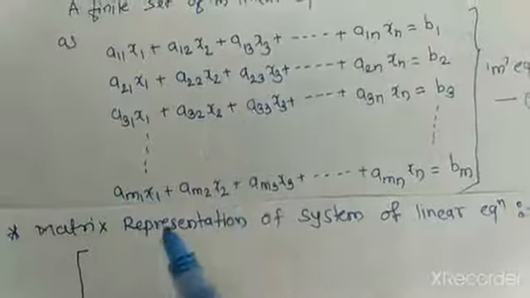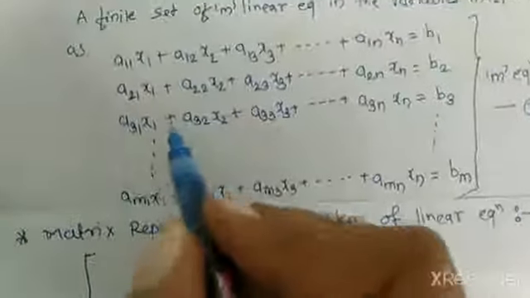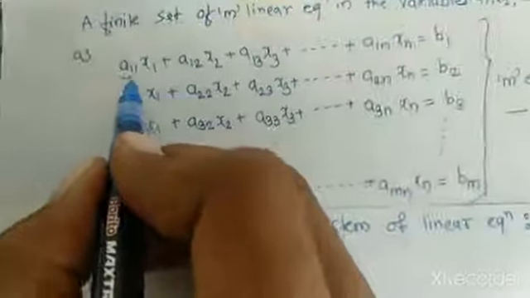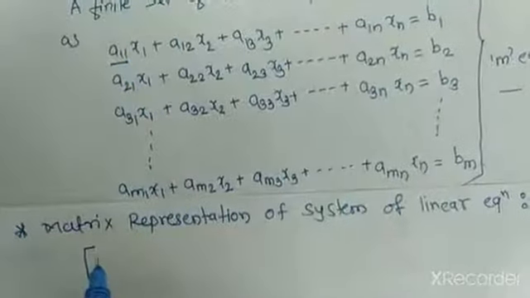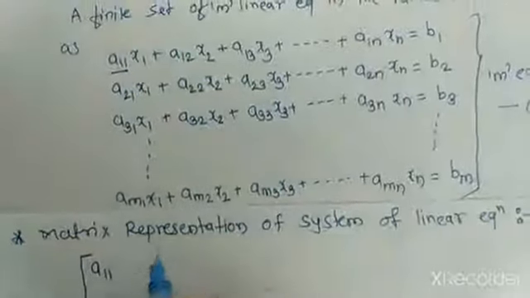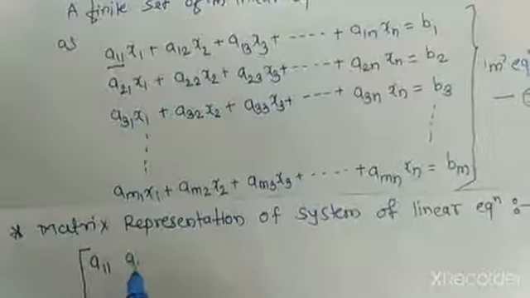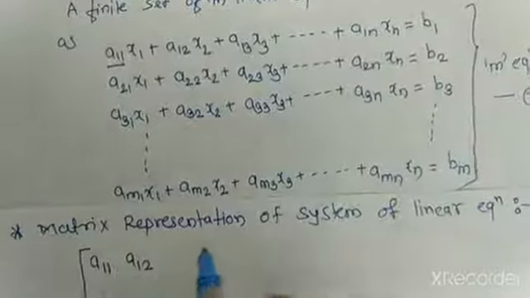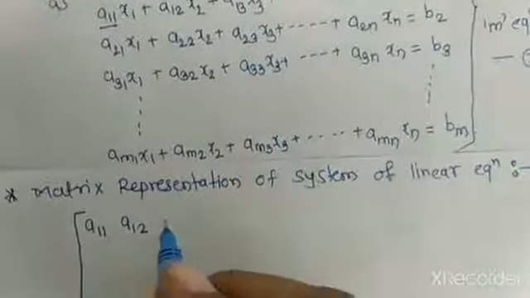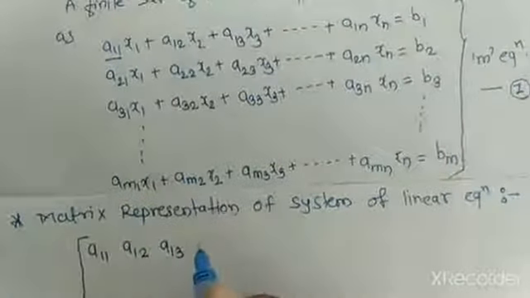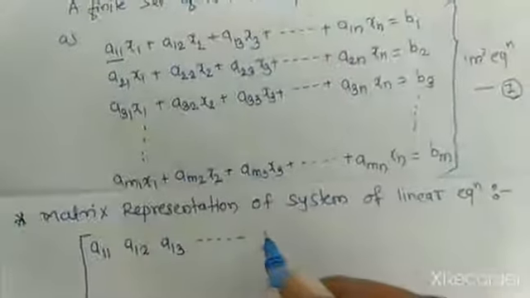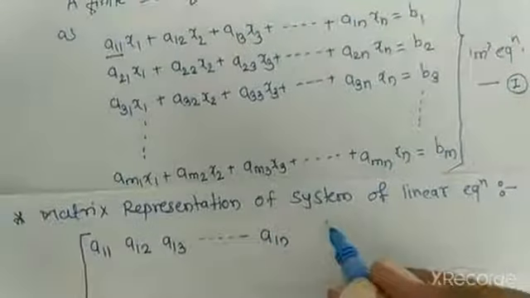In the first row, the coefficient of x1 is a11, so we start with a11. The next coefficient is a12, which will be a new column. The next is a13, and so on up to the last coefficient a1n.